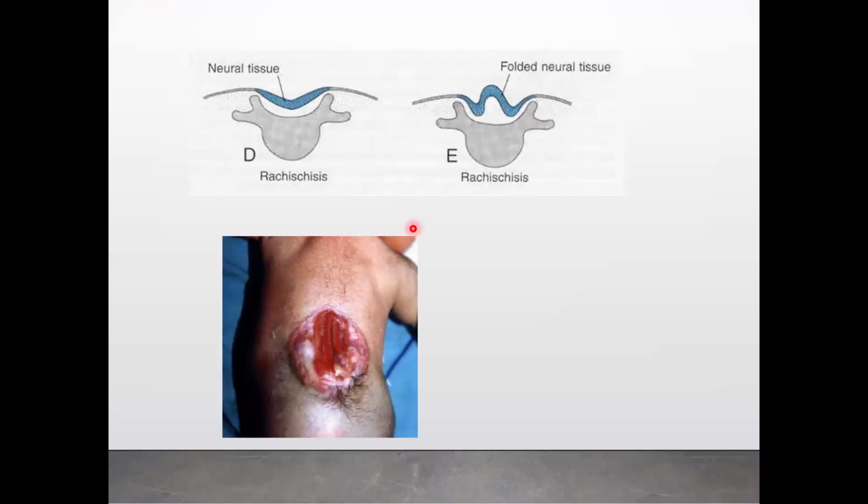Craniorachis means the cranium and the rachis, which at this point is the vertebral column. So all of them are affected.